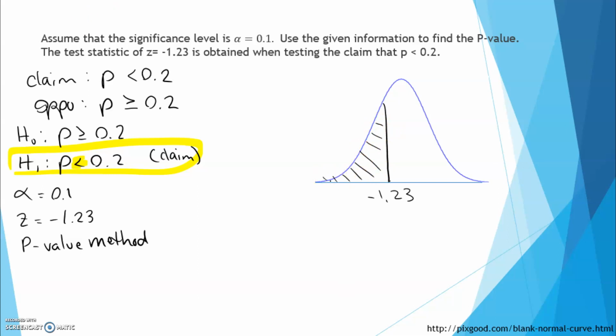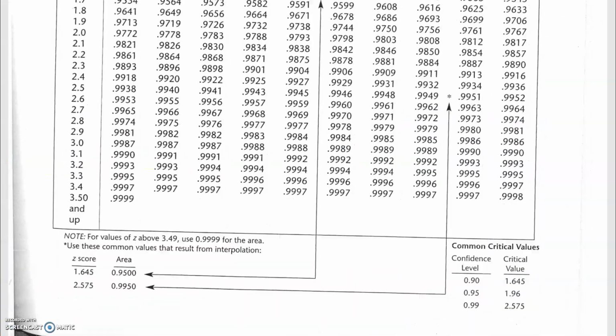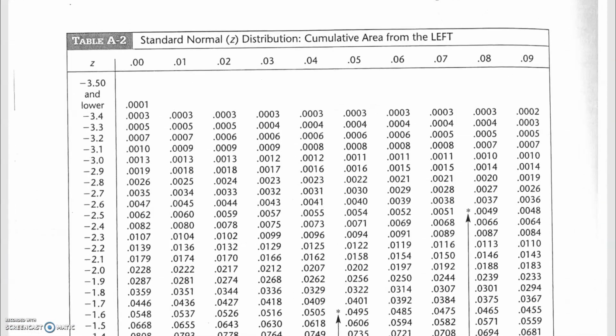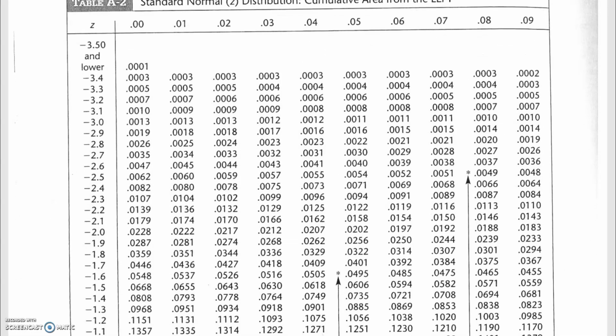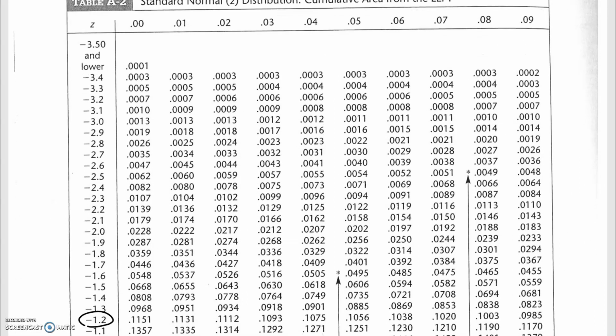So I need to go to my z-score table, go down to the negative side, and I need negative 1.2, and then 3. Where they intersect is right here, 0.1093.